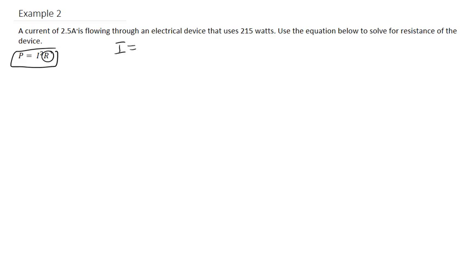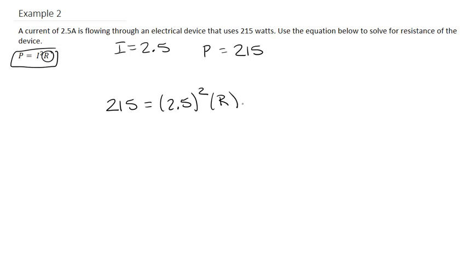I, which is our current, is 2.5, and we know that power is equal to 215. So let's go ahead and plug this in. So we have 215, which is equal to I squared, which is 2.5 squared, times R.